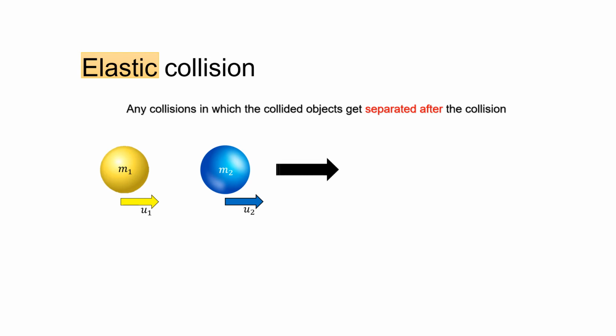Then, what will happen to the balls after the collision? The m1 ball will move slower with the velocity of v1, while the m2 ball will move faster with the velocity of v2. This shows that the balls are independent after the collision.